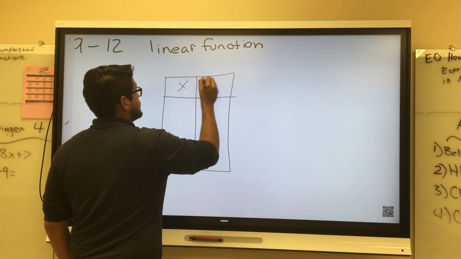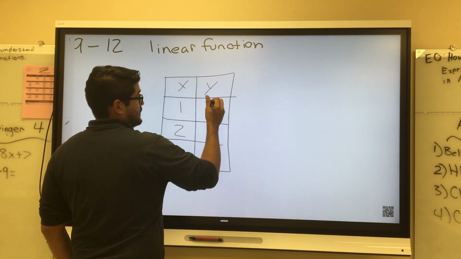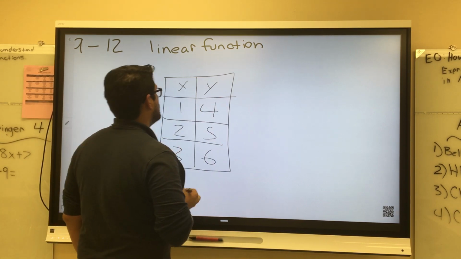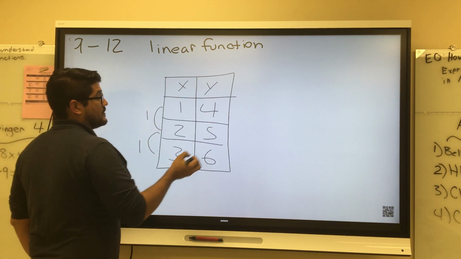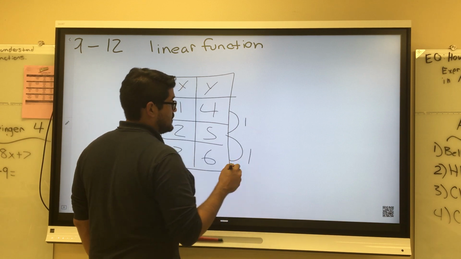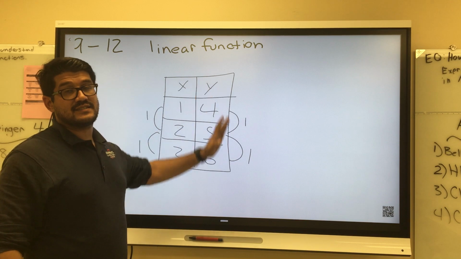Okay, X, Y, 1, 2, 3. This will be 4, 5, 6. So this is going up by 1, this is going up by 1, this is going up by 1, and this is going up by 1. So the left is consistent and the right is consistent.